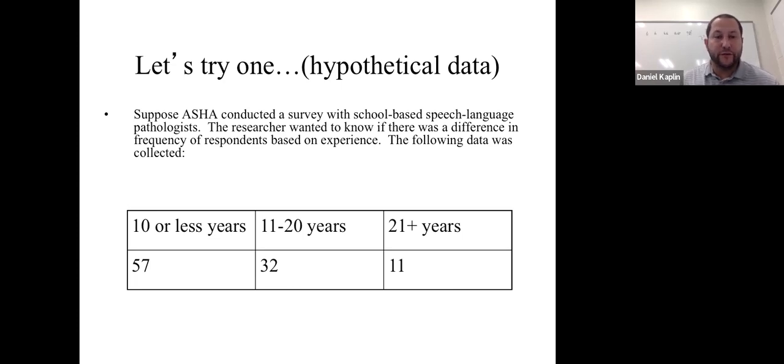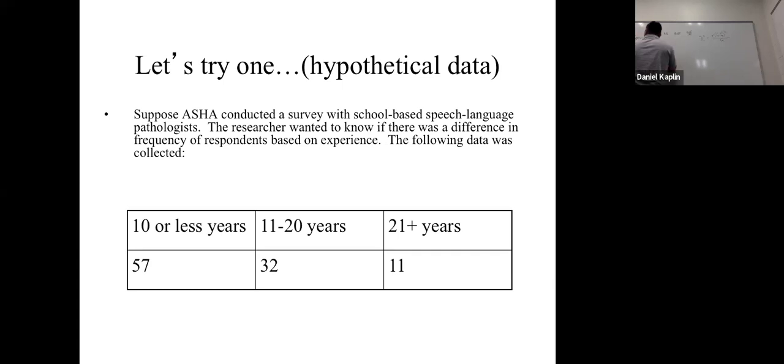So here would be the frequencies, and I'm going to write this on the board and we're going to come back to it. So for the first group, we have 10 years, 11 to 20, 21 plus.